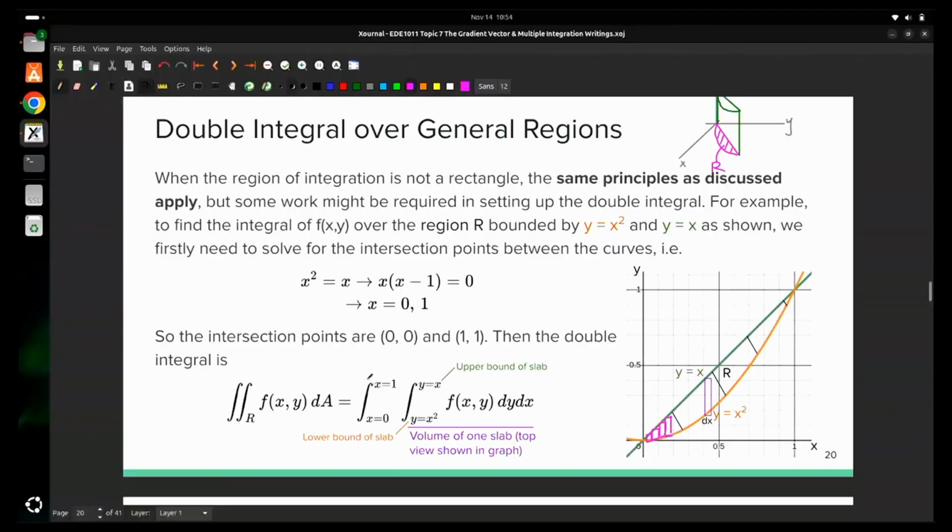Let me write, this one is the outer integral, sum up all vertical slabs. So you sum until the last slab at x equals 1.